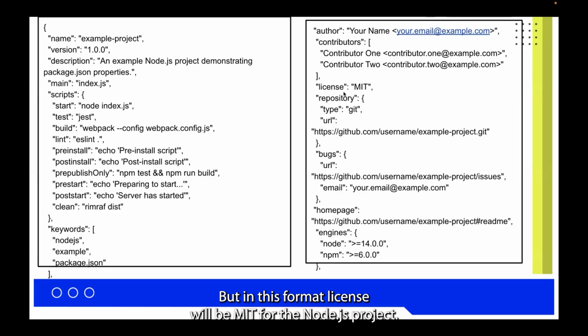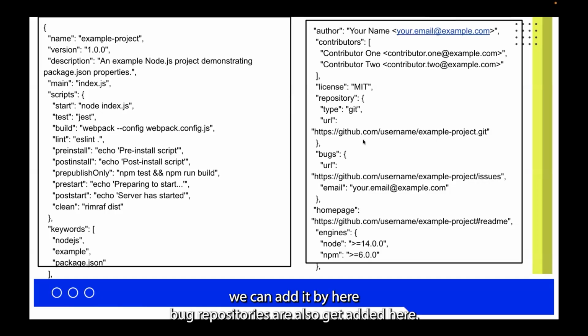License will be MIT for the Node.js project, but for the Drupal projects, as we have seen, GPL is the license which we are getting. For repository, the type is git, and the URL of the repository is github.com plus whatever the repository name is.